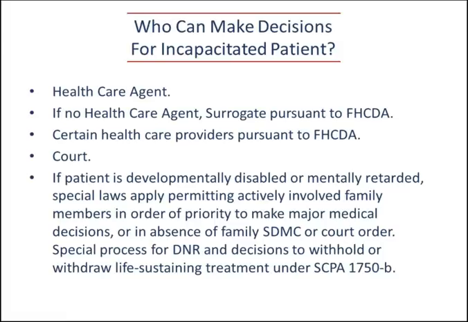I mention that because if you're ever in a situation where someone is looking to make a decision for a DNR or to withhold or withdraw life-sustaining treatment for a developmentally disabled person, you're going to hear the phrase 1750B. That statute sets forth a process and a procedure as well as the criteria that must be followed when making that kind of decision.